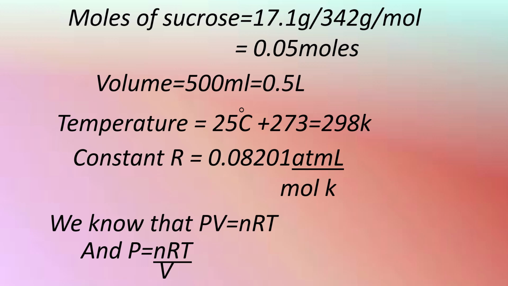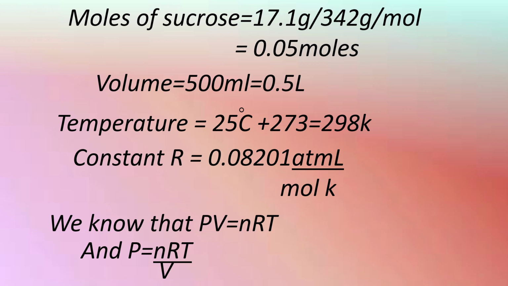Moles of sucrose is equal to amount divided by molecular weight, 17.1 gram divided by 342 gram per mole. Moles of sucrose are calculated to be 0.05 moles. In three of these solutions, the number of moles of solute are same, that is 0.05 moles.